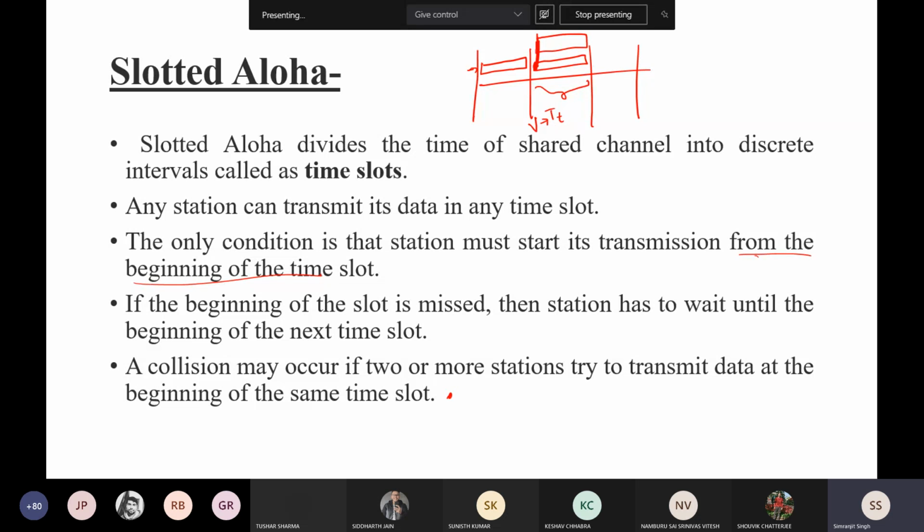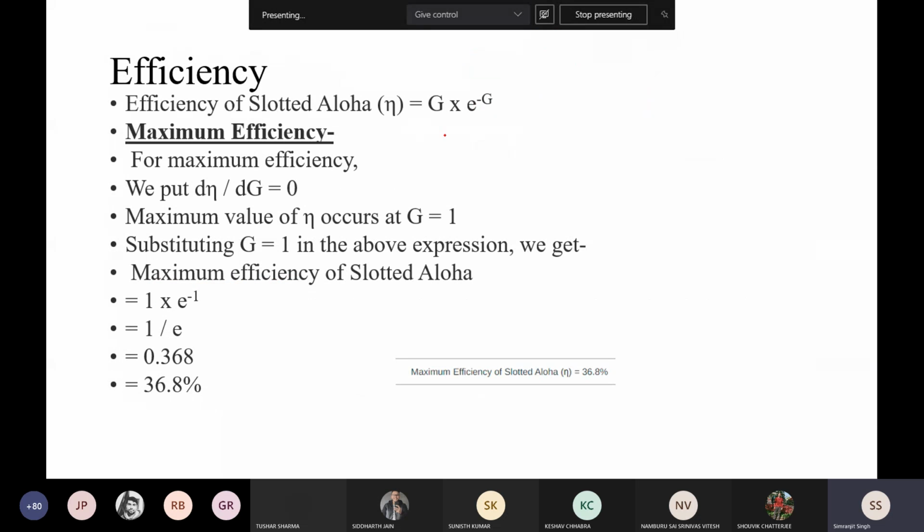Now you can say that my vulnerable time is Tt only, and the formula for this one is changed, there is no 2 here. In the previous one there was a 2 because the vulnerable time was 2 into Tt, but in this case the vulnerable time is only Tt, so there is no 2 here. Now you equate this to maximize the efficiency.